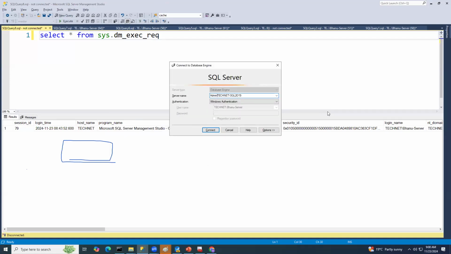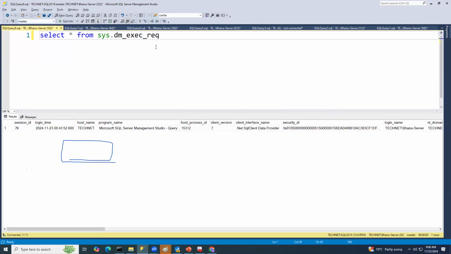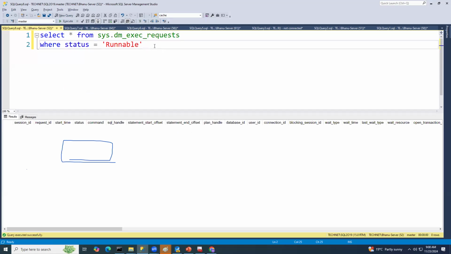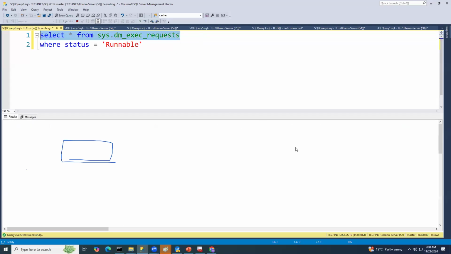Connect. Yeah, any questions? Request where status equal to, you will see runnable.